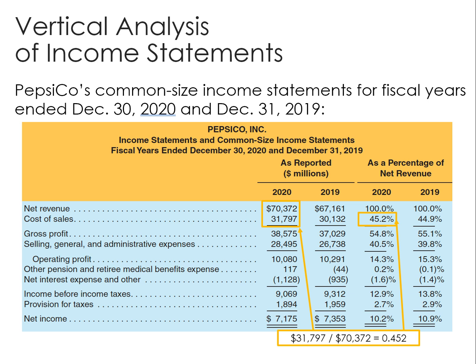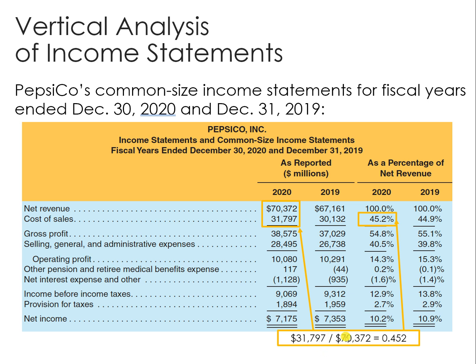So here we have an example, PepsiCo, in which we convert the income statement into the vertical format. You can see 2020, 2019, these are the original income statements.